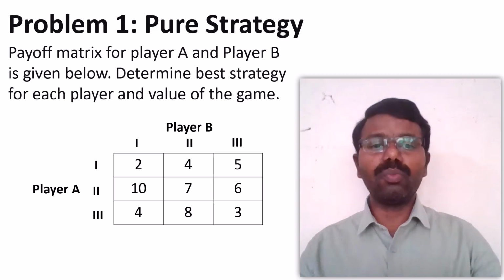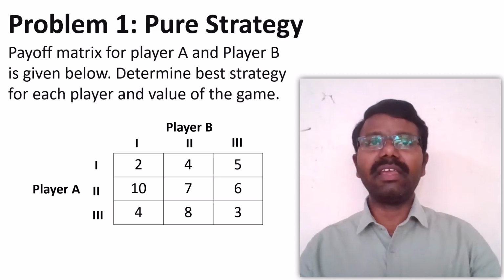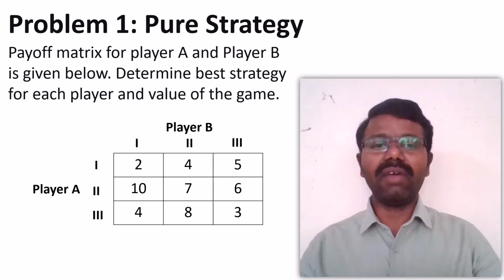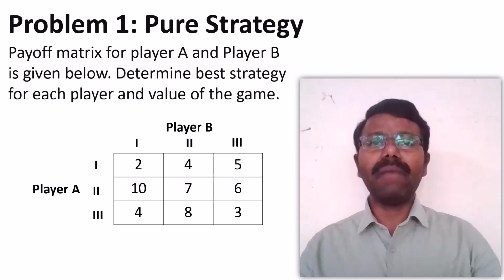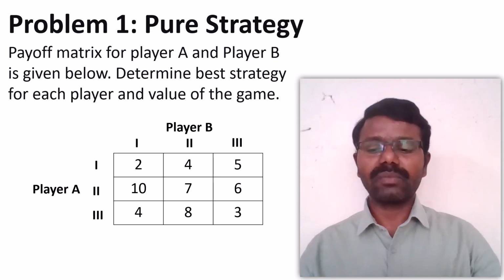In this pure strategy problem, first, player A needs to get maximum profit. That means he needs to maximize the minimum losses. That is what player A needs to get. So we will apply the maximin principle and the minimax principle to solve this problem and find the value of the game.